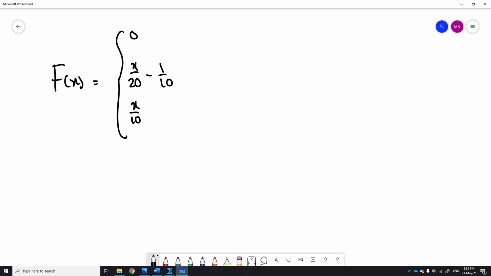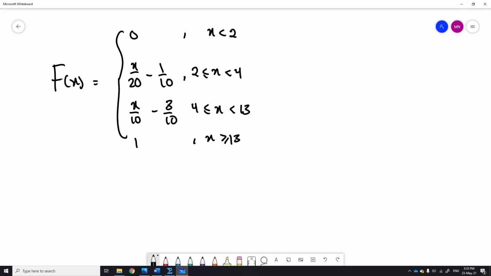So the cumulative function is F(x) equal to 0, x over 20 minus 1 over 10, x over 10 minus 3 over 10, and then 1. The regions are where x is less than 2, 2 less than or equal to x less than 4, 4 less than or equal to x less than 13, and x bigger than or equal to 13.